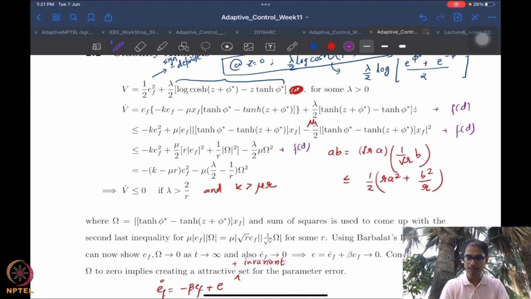All these steps remain the same, but then I'll have something like this. But the good thing is, because I have negative definite terms in both EF and omega, nothing changes really. I will still get a residual set in the EF, which will of course move to a residual set in the original states and all that mess.